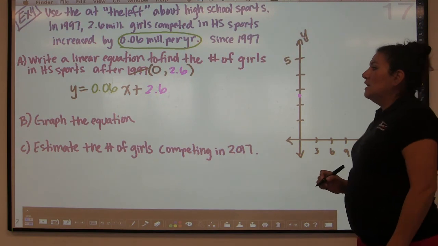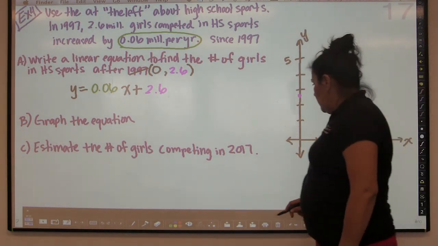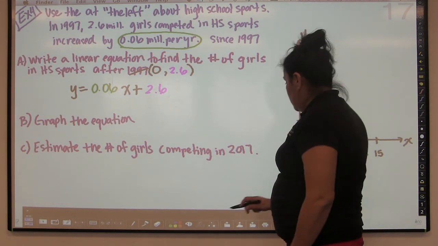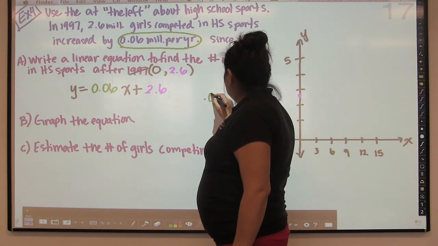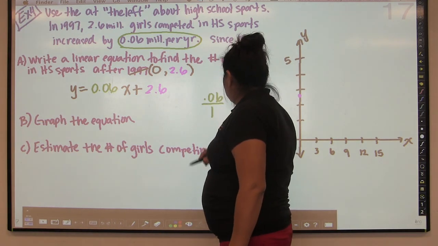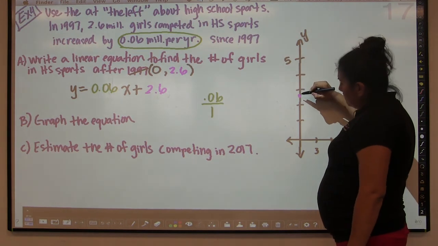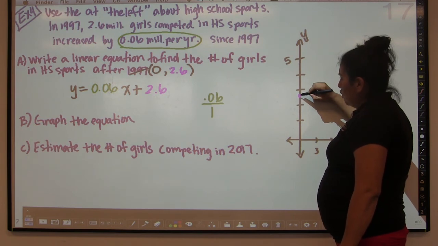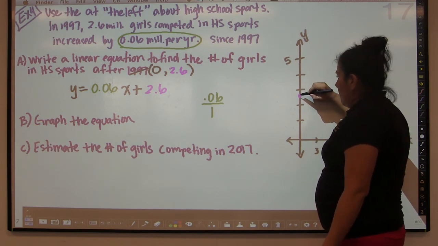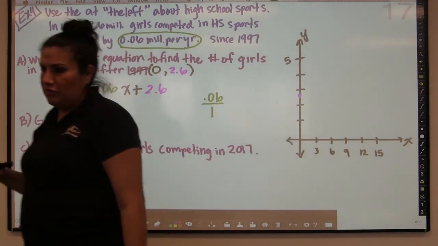And my slope is 0.06, and that doesn't look like a fraction to us, but what it does mean is we can write that as 0.06 over 1. Okay, that's basically what we're going to be doing. So this is 2.6. So 0.06 over 1 means that we're going to go up, and actually we can probably, let me see if I can get that into a fraction.